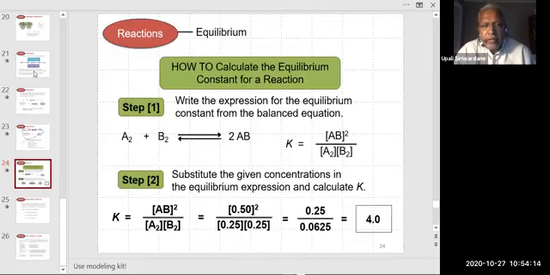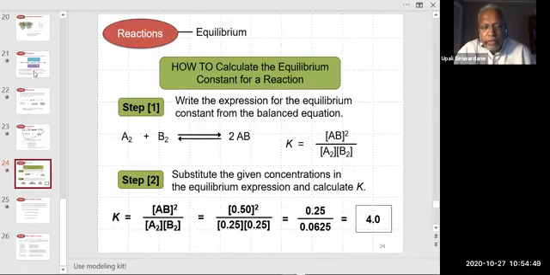How do we calculate the equilibrium constant? Step 1, write the equilibrium expression. For A2 plus B2 going to 2 AB, the equilibrium constant is the AB concentration to the power 2, divided by the A2 concentration times the B2 concentration. Step 2, substitute the given concentrations into the equilibrium expression and calculate K. You need to do an experiment to determine the equilibrium concentrations, or they will be given.